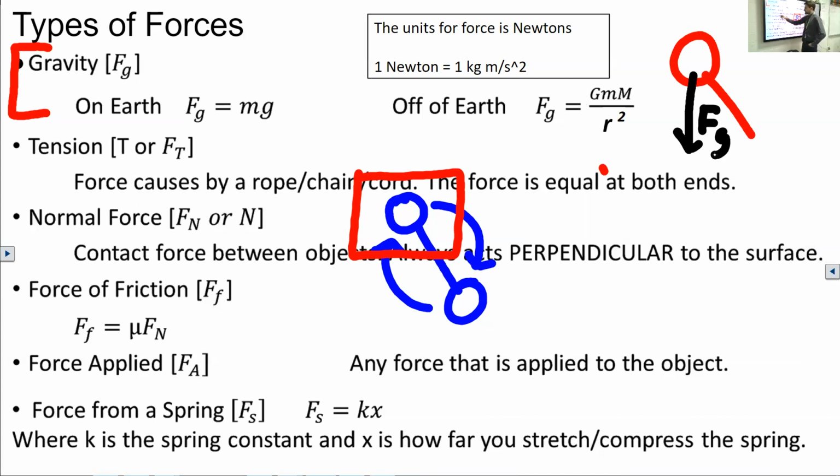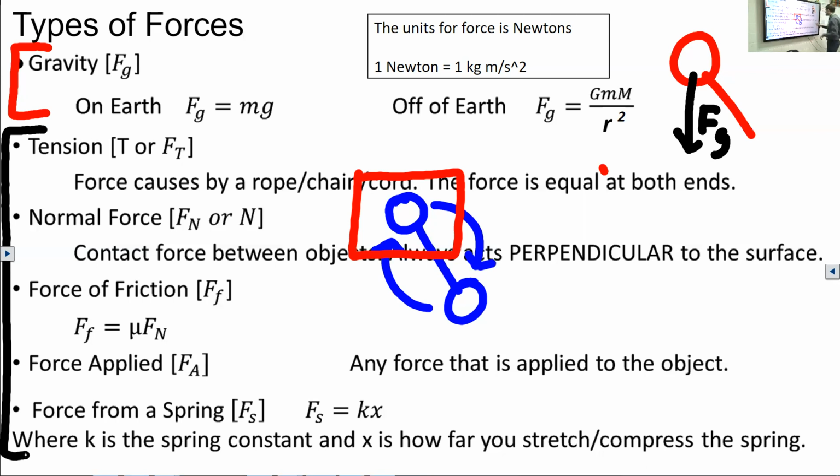Okay. Next question. Is there something touching it? So that's the rest of the forces. The only force that doesn't have to be a physical thing touching it is gravity. Otherwise, all the other forces must be in physical contact with it.